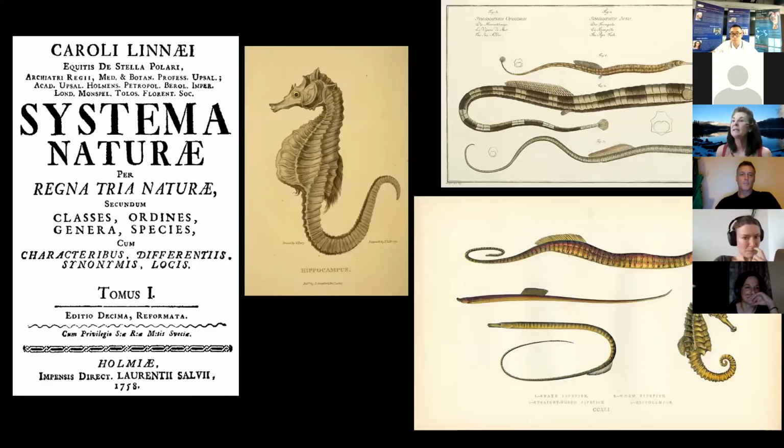And since the beginning of the field of systematics, we have been interested in trying to understand this particular fish group. Carolus Linnaeus in the 1700s actually included several syngnathid fish in Systema Naturae, the very first effort to catalog life on Earth.